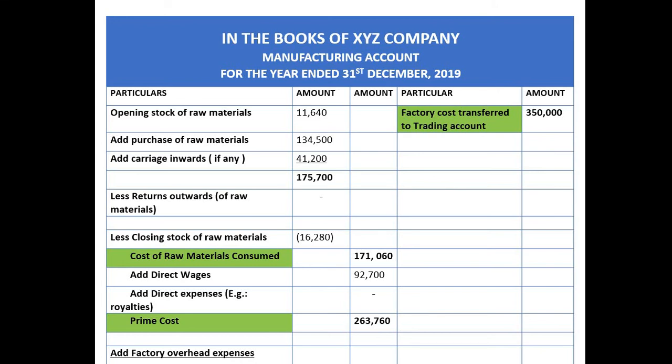The left hand side of the account and the right hand side of the account must be equal. The second reason is the value of factory cost will be used during preparation of trading account.